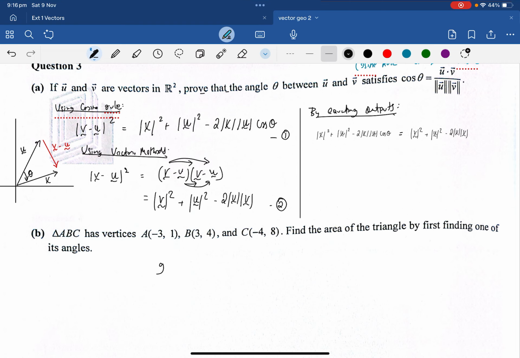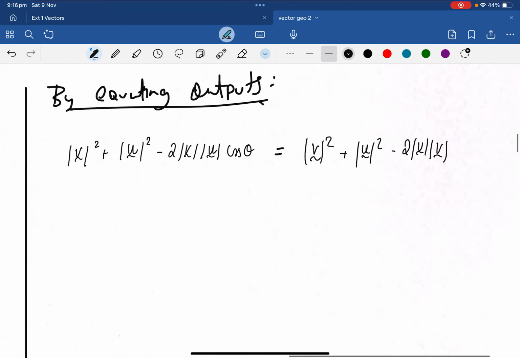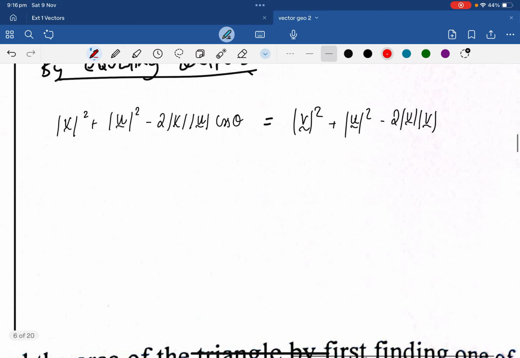Okay, so see this, both these are equal. What we can do is cancel out common terms. This gets cancelled out, it's on both. Minus 2 gets cancelled out, it's on both. And this also gets cancelled out because it's on both.